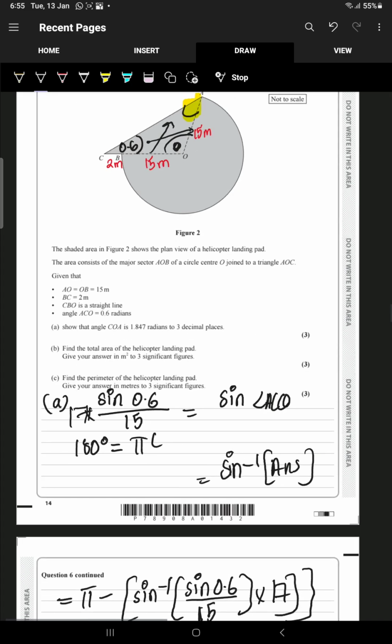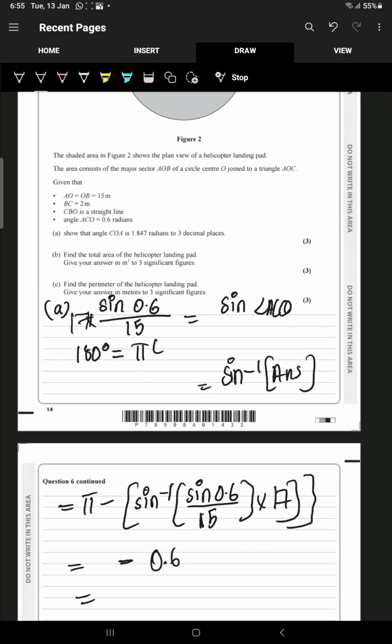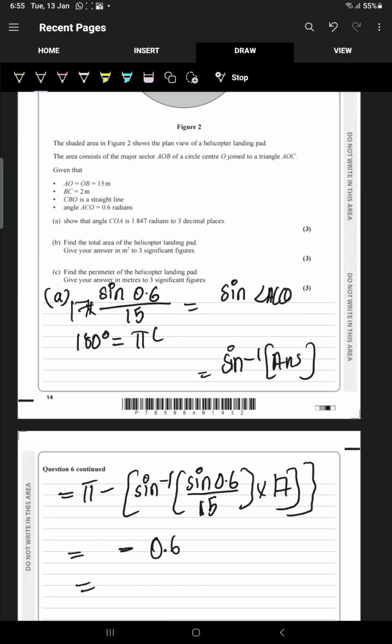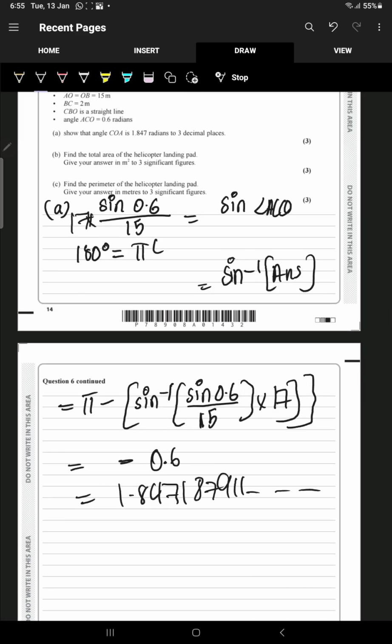Oh, sorry, I forgot something, it should be sine inverse. If I sub this into my calculator, you get 1.879 and so on. Since it's needed to 3 decimal places, this is rounding up, so this is going to be 1.847 radians, hence shown.